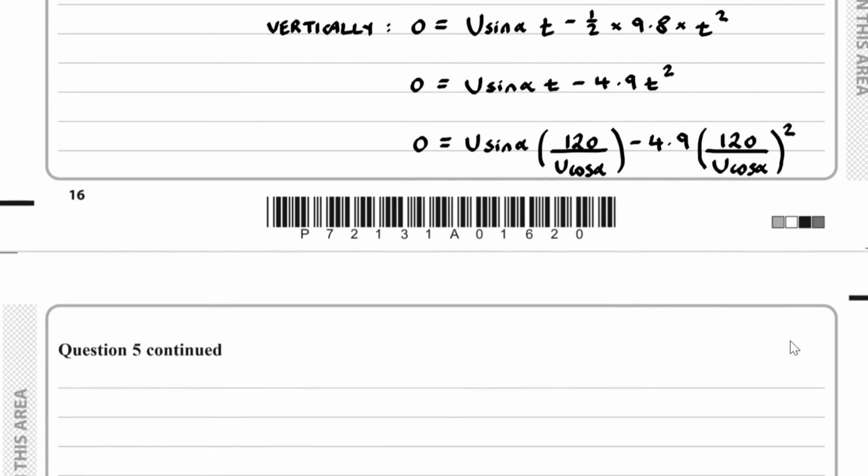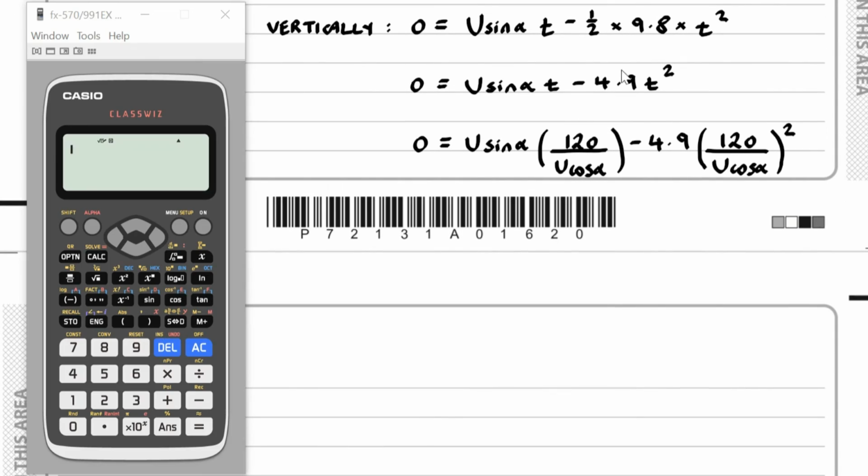So we have 0 equals, well, here we have the u's simplifying to 1.